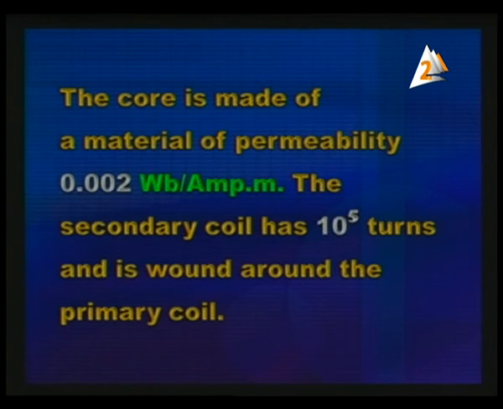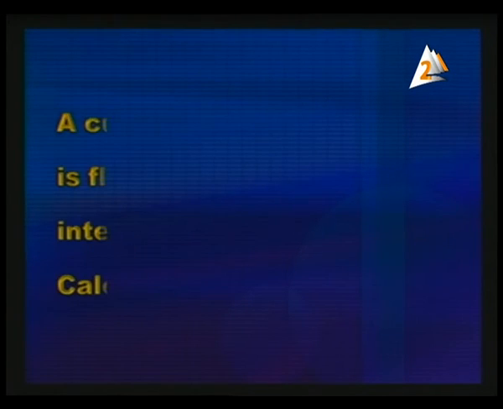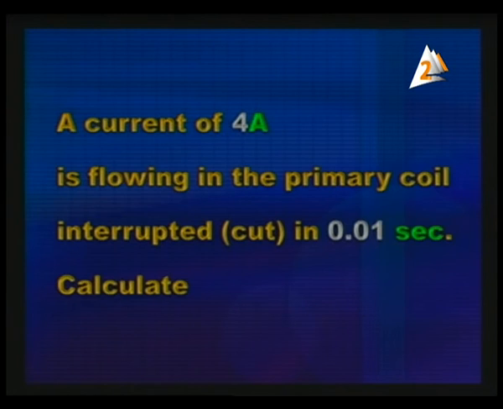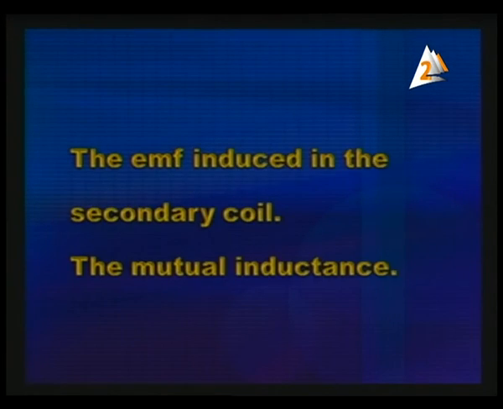The secondary coil has 10 to the power of 5 turns and is wound around the primary coil. A current of 4 amperes flowing in the primary coil is interrupted in 0.01 second. Calculate the EMF induced in the secondary coil and the mutual inductance.